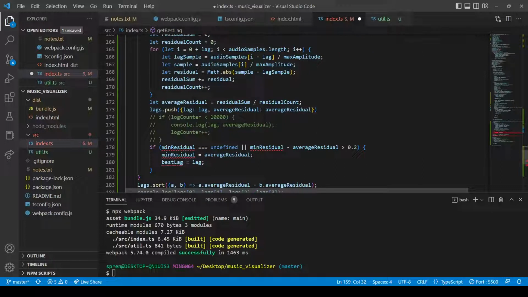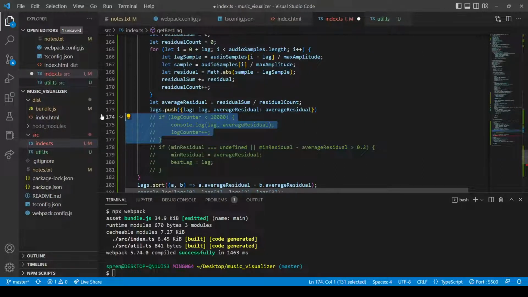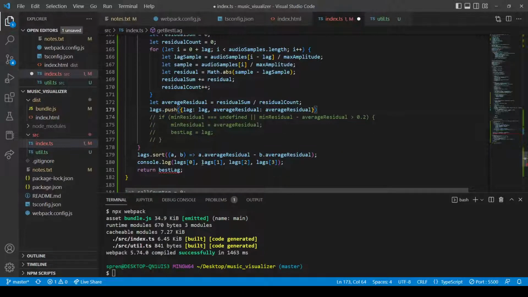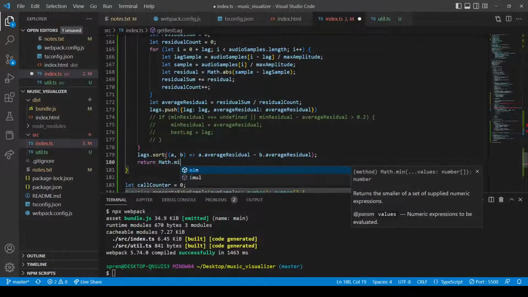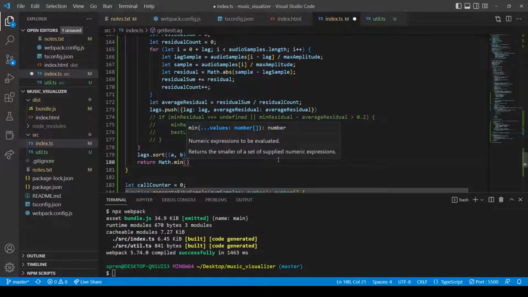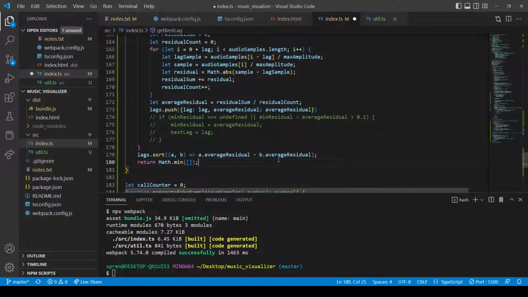Forget this. Delete this log statement. We will return the... Can I use an array?